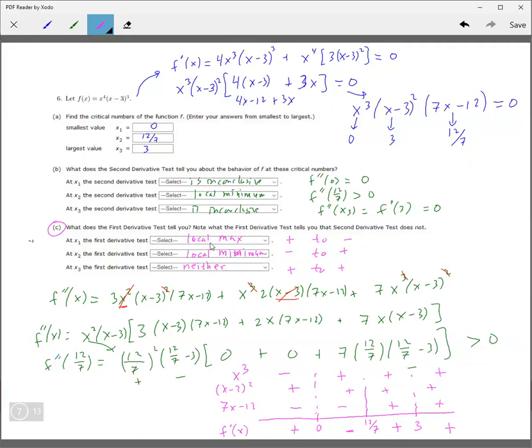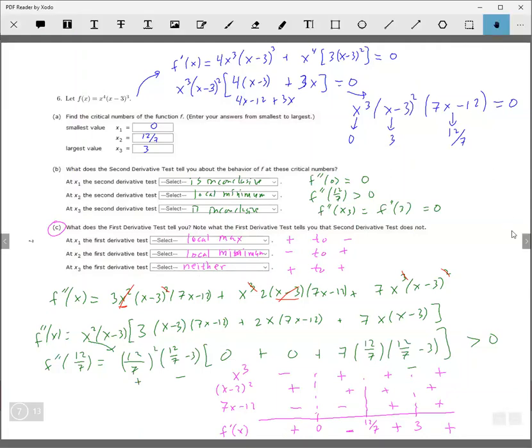But the first derivative test tells us this is a local maximum. Here they both give the same result. Of course, if they're giving a result, it's going to be the same result. On this third one, the second derivative test is inconclusive, while the first derivative test tells you it's neither a local minimum nor a local maximum.